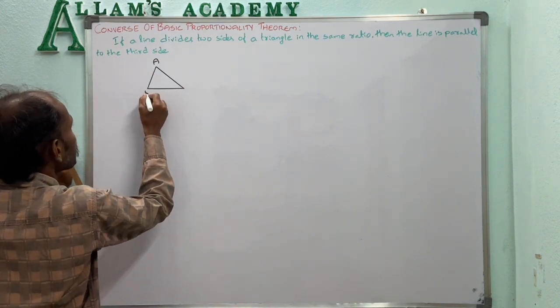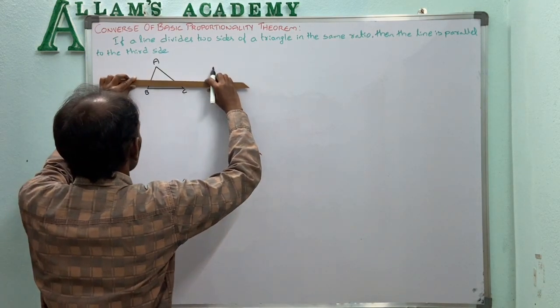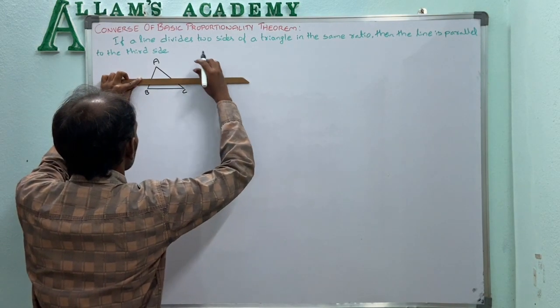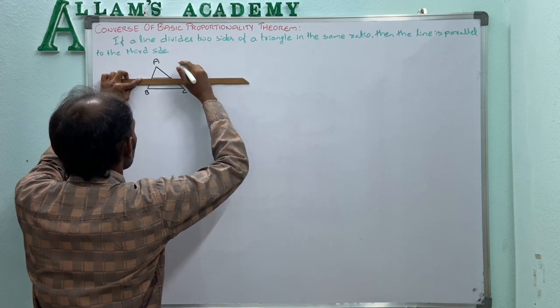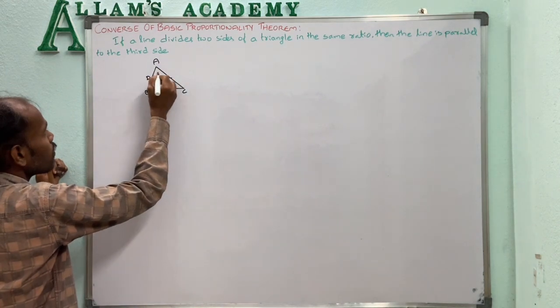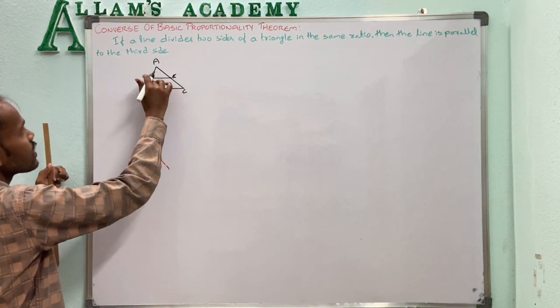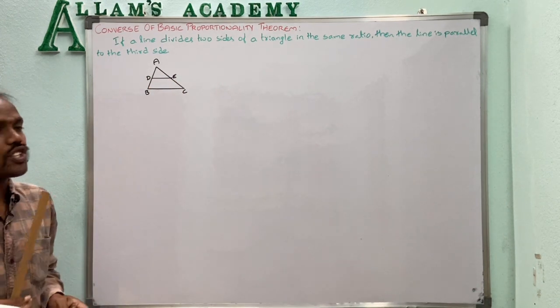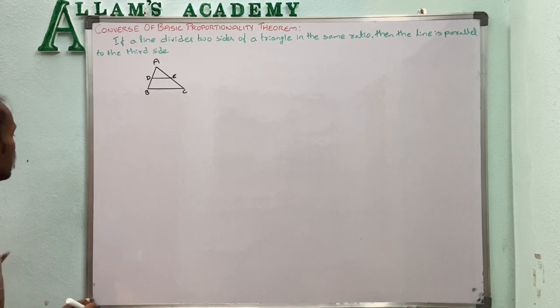A, B, C. Dividing AB and AC lines in the same ratio, AD by DB equal to AE by EC.